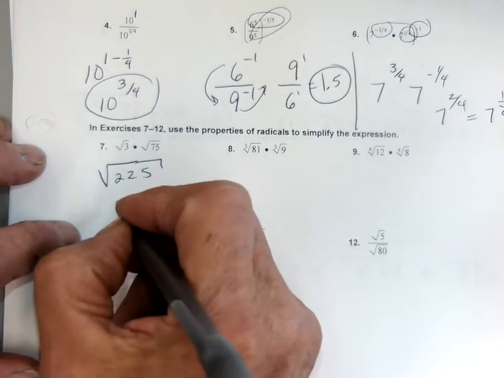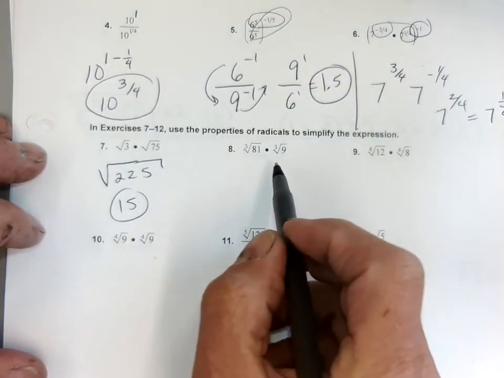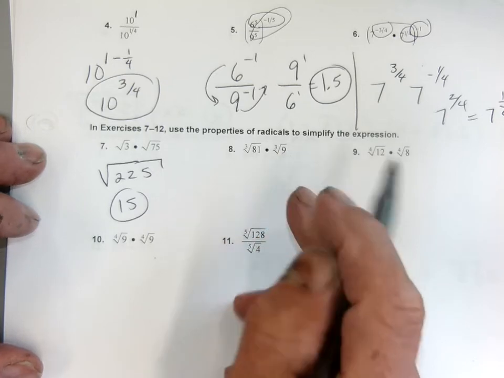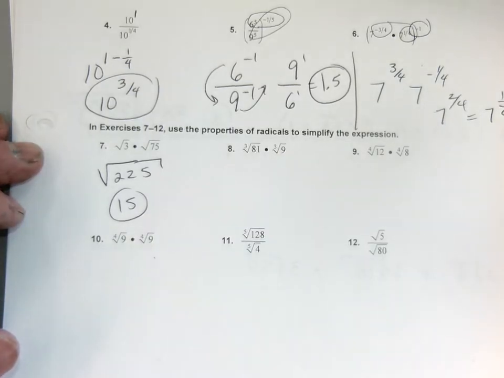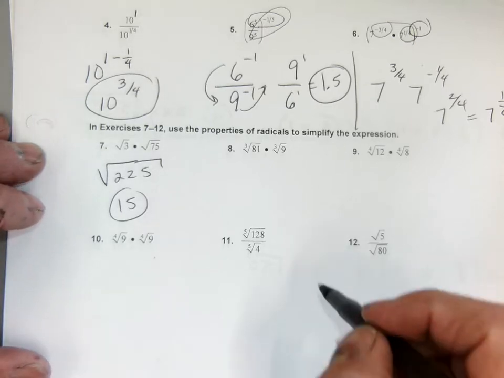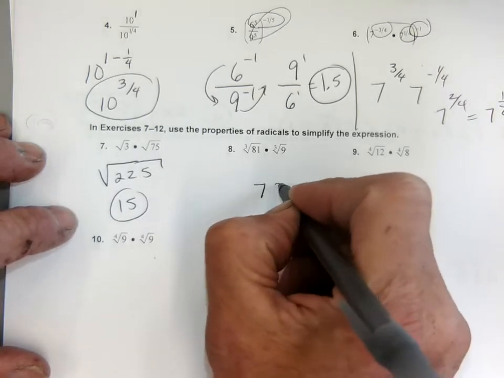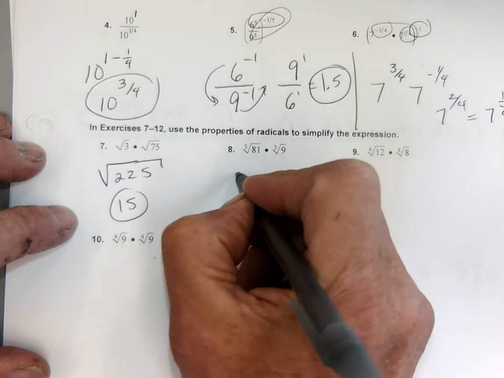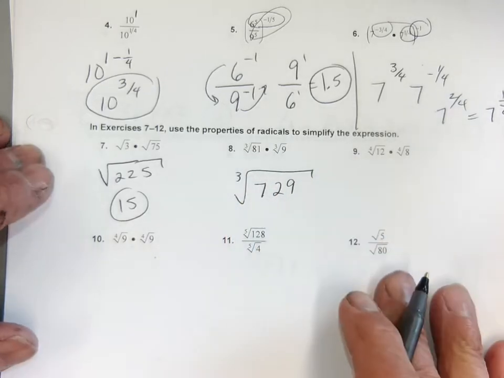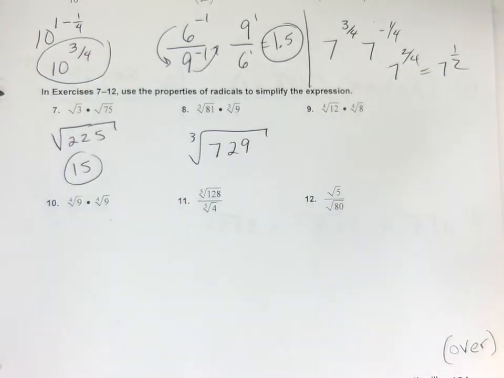Okay, we'll multiply these. 81 times 9. I get 729, to the third power. Great question. Really good question. So the cube root stays a cube root. Now, what is it? 27?